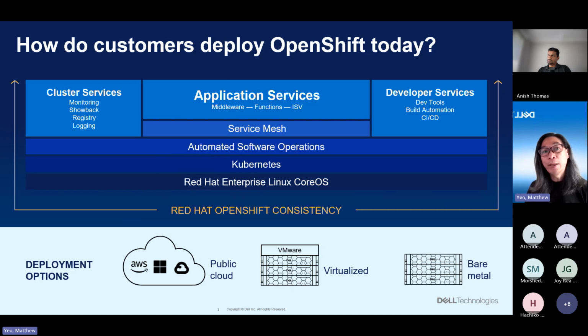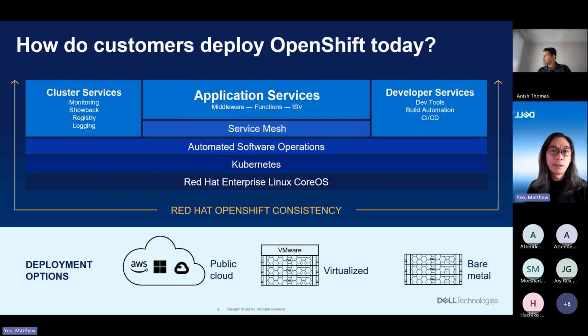And they were looking at Red Hat OpenShift. And the deployment option at the time was to deploy in the public cloud. It made sense then because OpenShift was a new technology, people were still learning, and the fastest and easiest way was to deploy in a public cloud. It may not be the most cost effective, but it was the easiest and fastest way.